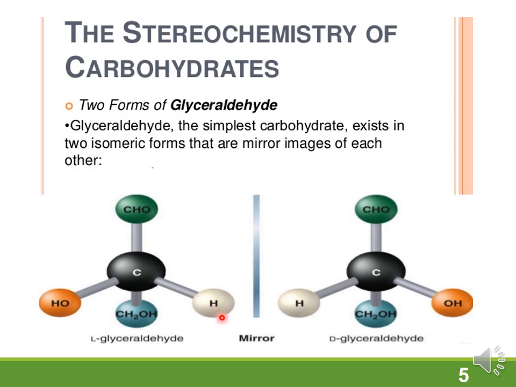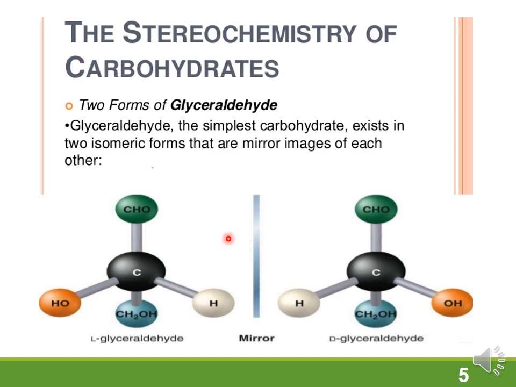These two are enantiomers. The relationship between L-glyceraldehyde and D-glyceraldehyde is that they are enantiomers. Why this is called L-glyceraldehyde and this is called D-glyceraldehyde, I have discussed in my earlier lectures about nomenclature, but again I will tell you that this carbon is the chiral center. Here the OH group is on the left side.